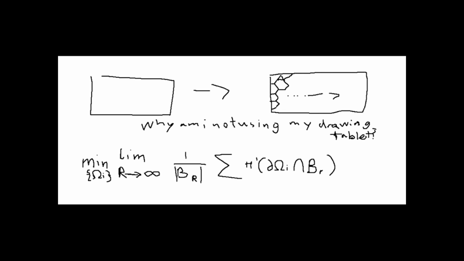So B sub R, think of it as a circle with radius R expanding outward over some metropolitan area, and then the absolute value is denoting the total surface area of land inside that circle. And so when we divide the sum by the total surface area, we're trying to find infrastructure density.